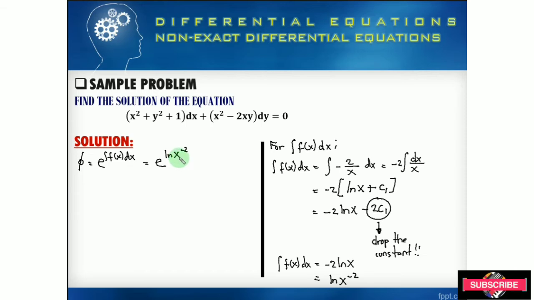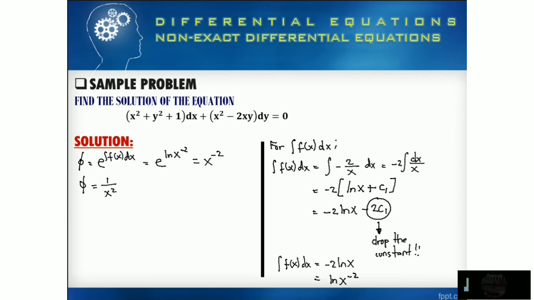Okay, and by property of the natural logarithm, e raised to the ln x is just equal to x, so we can say that this is just equal also to x raised now to the negative 2. So, okay, our phi, which is our integrating factor, is just equal now to 1 over x squared.